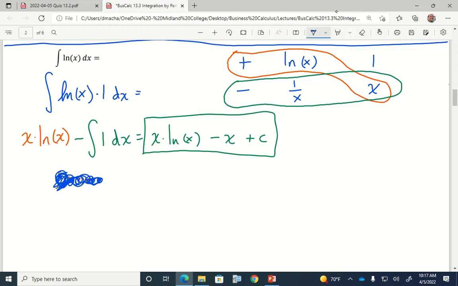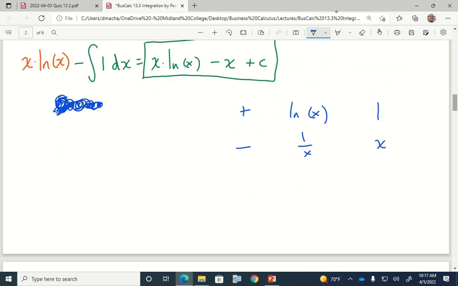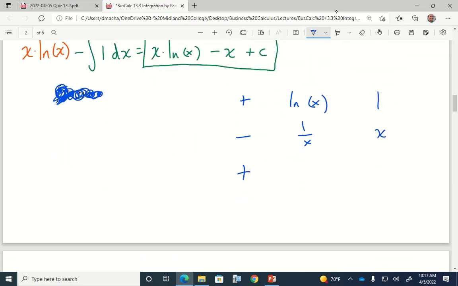And then I'm going to keep the same problem and extend my table down an extra row. So I have plus natural log x, 1, minus 1 over x, x. Then I have plus, I have to take the derivative of 1 over x. That's like the derivative of x to the negative 1 power. So I bring down the negative 1 and make that into a negative 2 power for my next derivative. And for the antiderivative of x, I add 1 to the exponent, so that becomes x squared, and I divide by my new exponent like this.